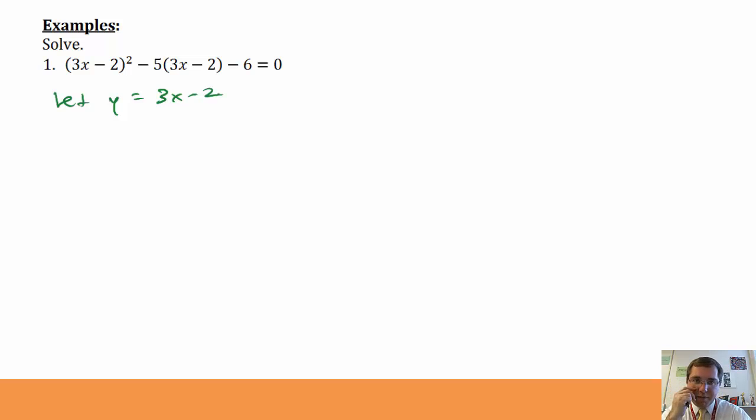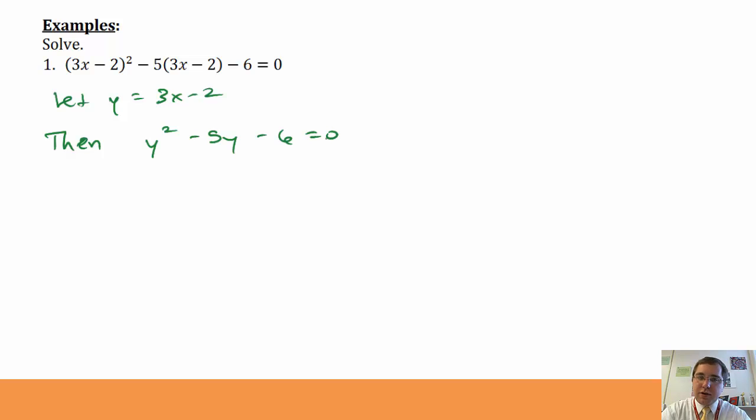Take another variable and set it equal to the thing that is being squared, in this case, the 3x minus 2. That way I can rewrite my original equation with y instead of 3x minus 2. So it's y squared minus 5y minus 6 equals 0.